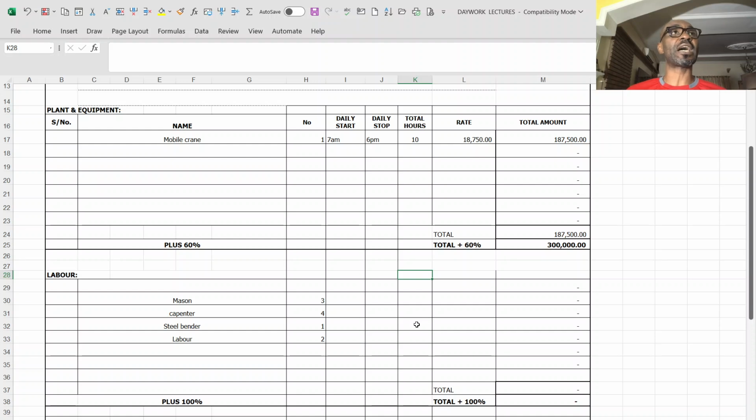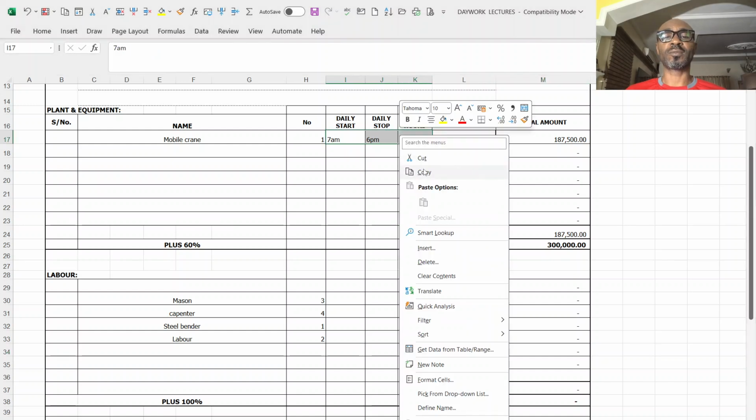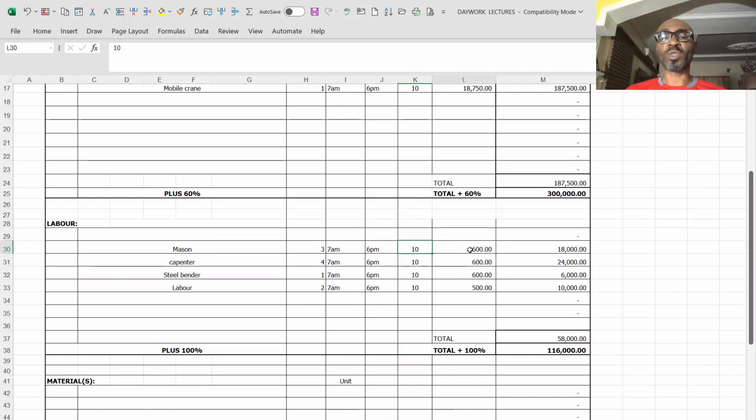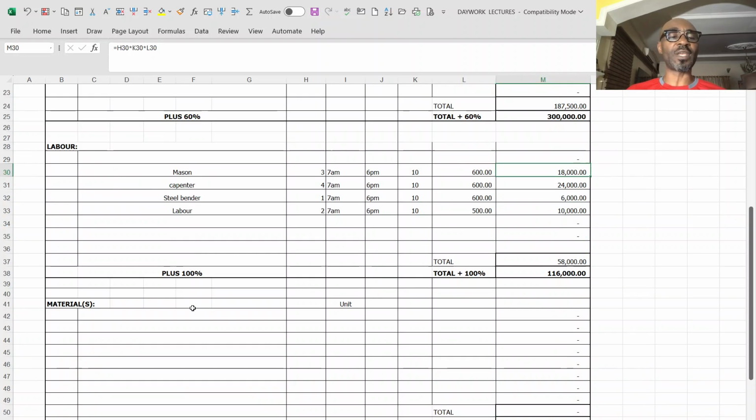Based on the unit rate, the basic rate I've submitted for approval, their unit rate per hour is say 600 for all the workmen, and for labor is say 500. They also started work by 7 and closed by 6, and the total hours they put in is 10 hours. 10 multiplied by 3 multiplied by 600 gives you 18,000.